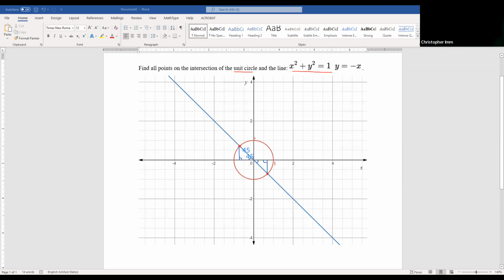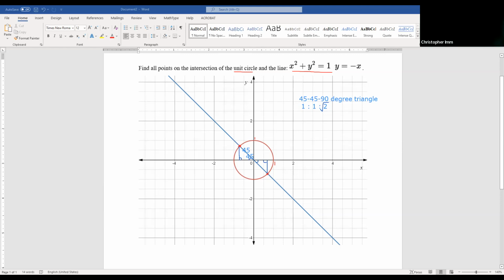You may remember that when we have a 45, 45, 90-degree triangle, the sides have a special ratio among them. So we have a 1 to 1 to square root of 2 ratio between the sides here and the hypotenuse.